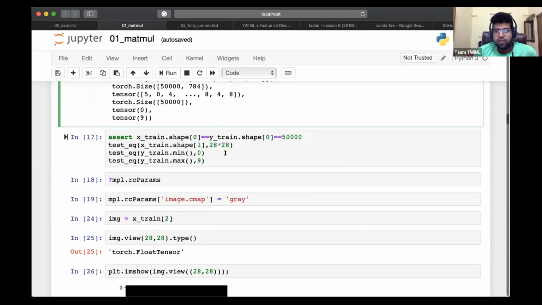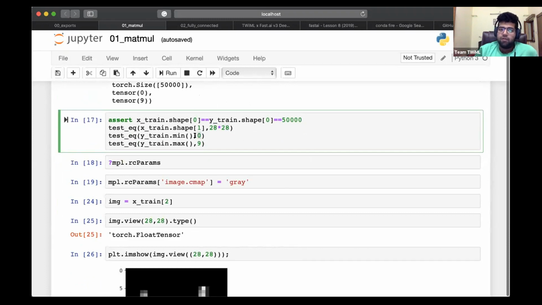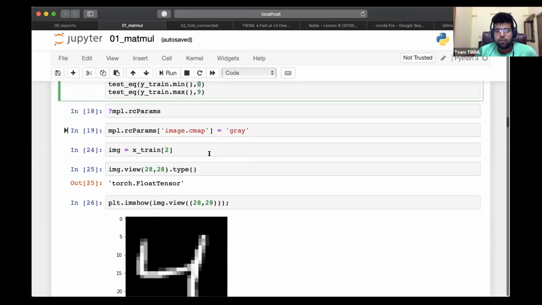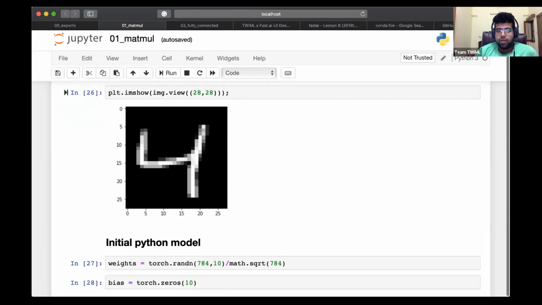We do the assertions. If you're familiar with MNIST, these are the assertions that are there. There are 50,000 examples. The shape of the image is 28 by 28. And they're basically bitmaps of numbers from 0 to 9. So we verify that. We do a quick sanity check by printing out the image.